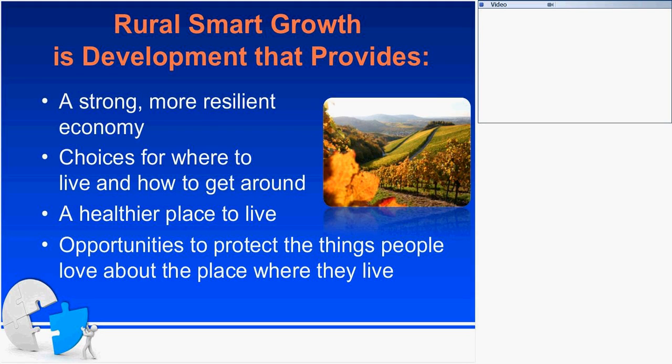And I think many of you have run across that publication, but it's basically a framework for thinking about smart growth in rural communities, and it provides a menu of approaches that rural communities are using to implement smart growth. So this module took that publication and made it into a training with a couple adjustments.